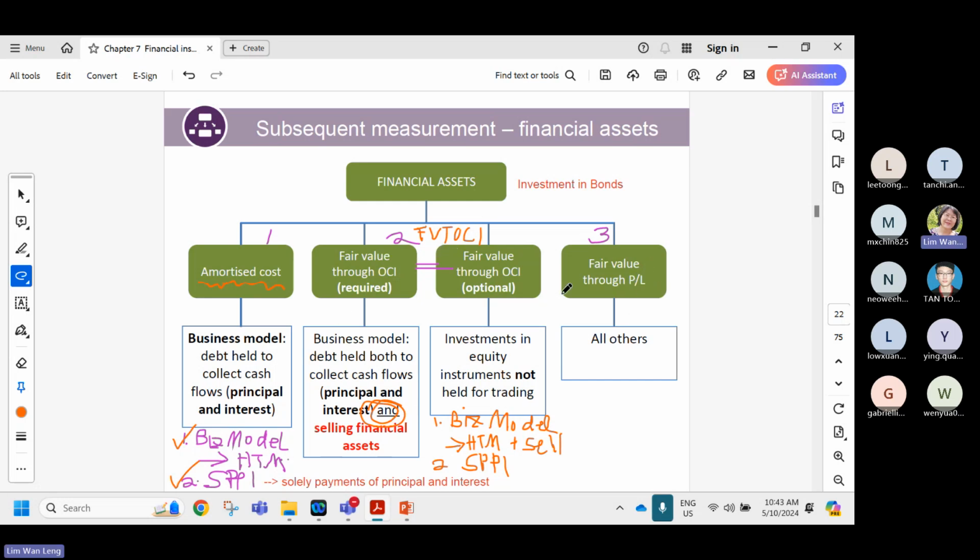And then, of course, fair value through profit or loss usually must fulfill the characteristics of held for trading.